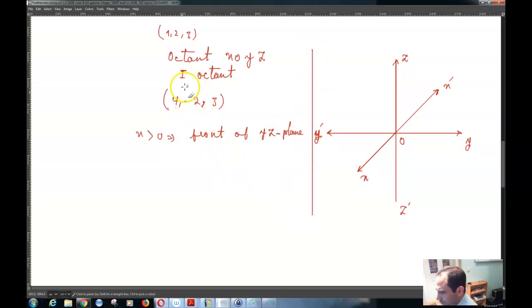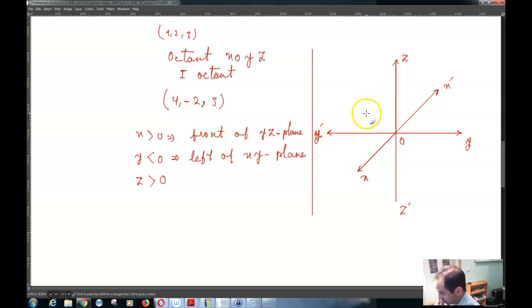And your y coordinate is negative. That means that you are to the left of the XZ plane. And your z coordinate is positive, so to the front of the YZ plane and above the XY plane.